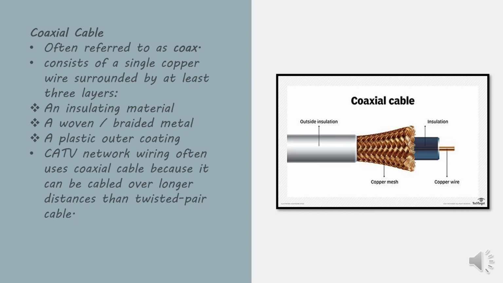CATV refers to cable television. CATV network wiring often uses coaxial cable because it can be cabled over longer distance than twisted pair cable. Most of today's computer networks, however, do not use coaxial cable because other transmission media, such as fiber optic cable, transmit signals at faster rates.